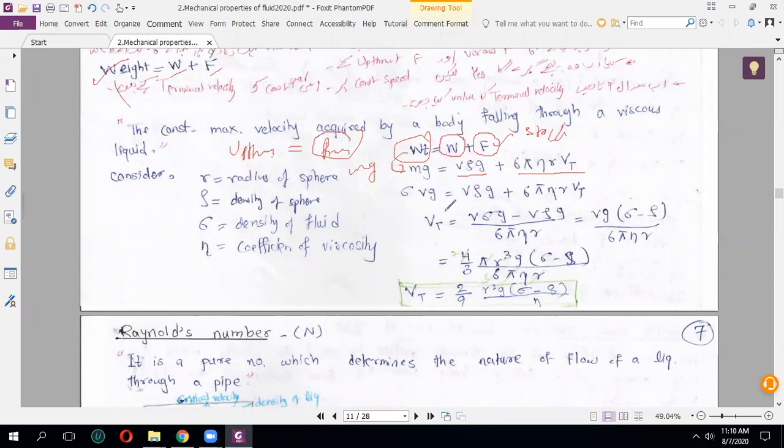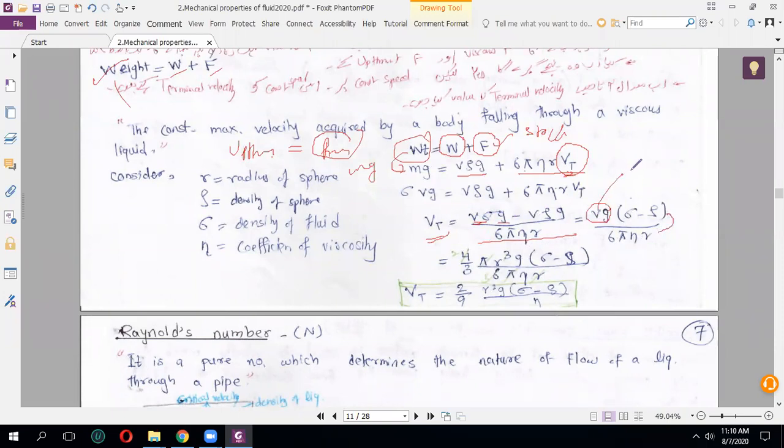Okay, now what we are doing here: except Vt, take the whole side to the left-hand side. If we take the whole side to the left-hand side, what do we get? V rho g minus V rho g upon 6 pi eta. Now what is the common part in each term? V and g are common, so take Vg outside and the remaining part is inside.